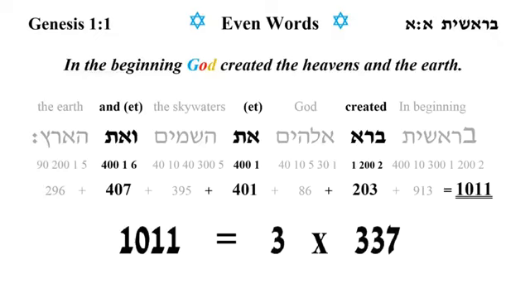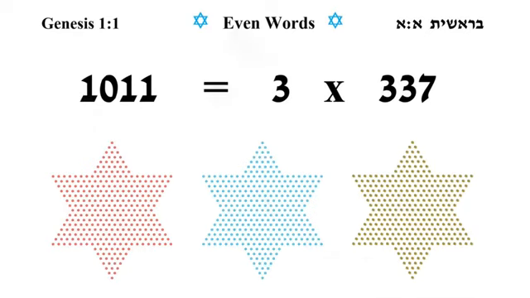In fact, if you remember from the first video, in Genesis 1:1, if you just look at the even words and plug in those gematria values, you'll end up with 3 stars of David, each having 337 dots, gematria points.